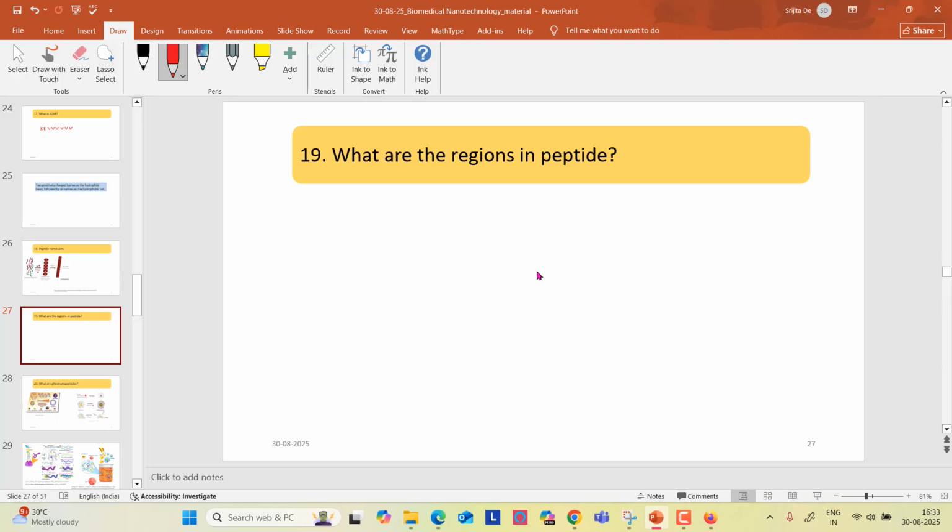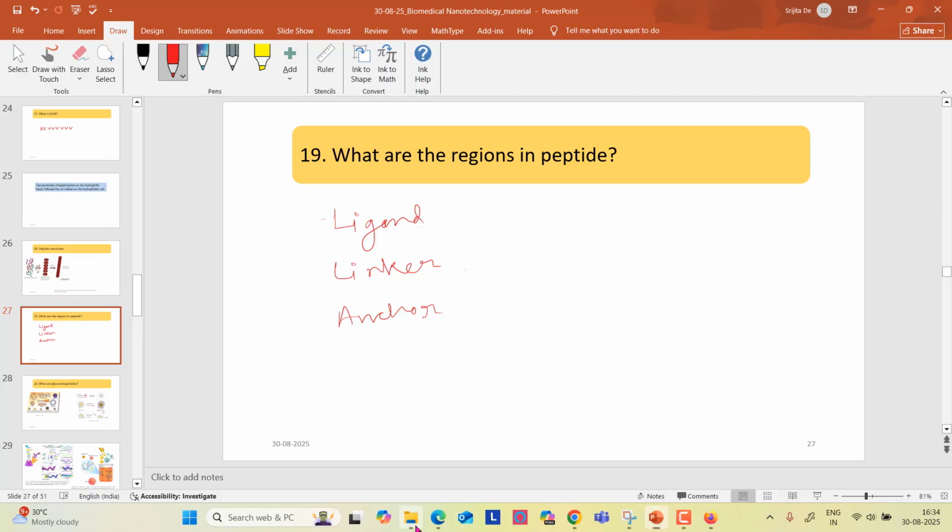Next is, what are the important regions of peptide nanotubes? It is the ligand, linker, and anchor. Right?